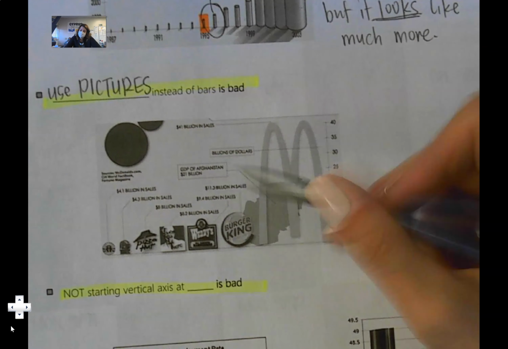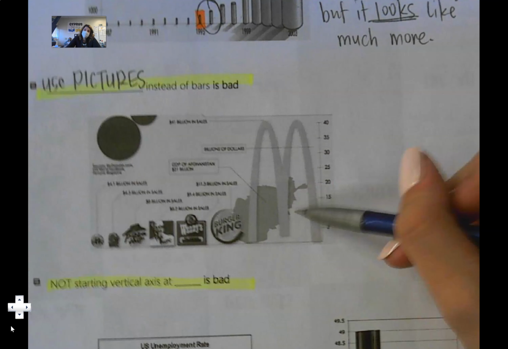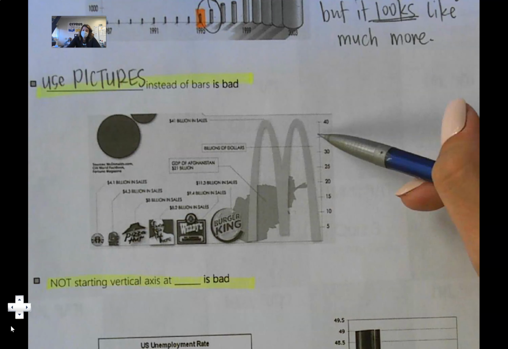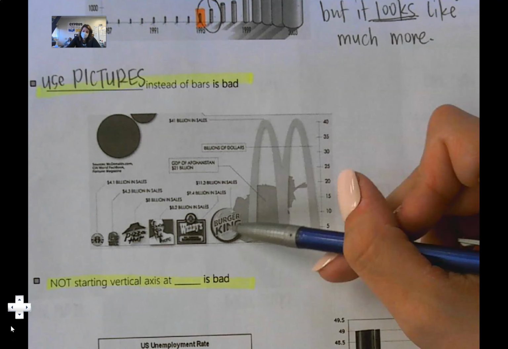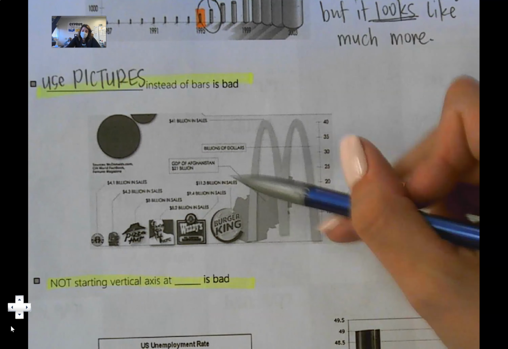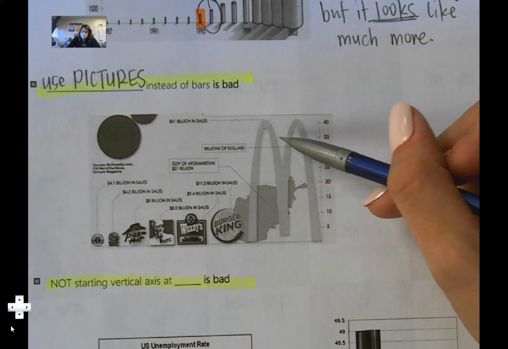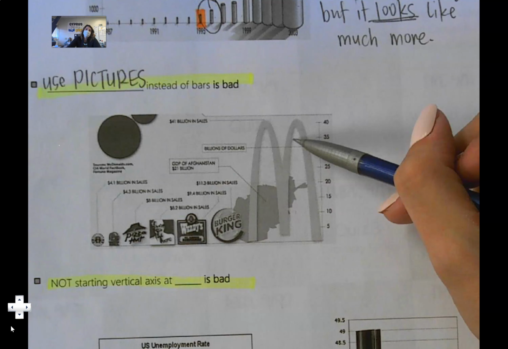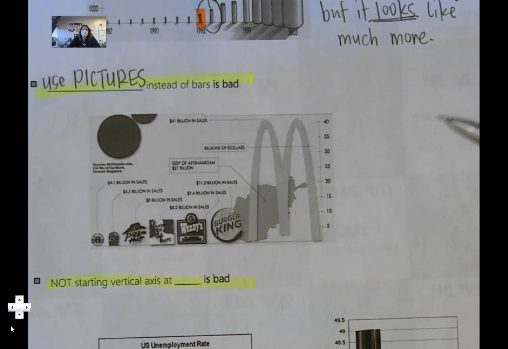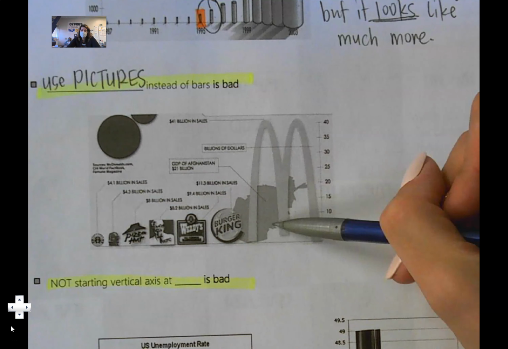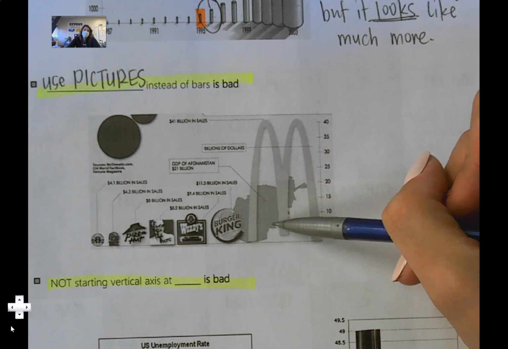If you look at Burger King compared to McDonald's, really McDonald's is only supposed to be 4 times as big as Burger King. Burger King had about $11.3 billion in sales, and McDonald's had $41 billion. So that's only about 4 times as big, which means you should only be able to fit 4 Burger Kings in that space. That's way more than 4 Burger Kings.